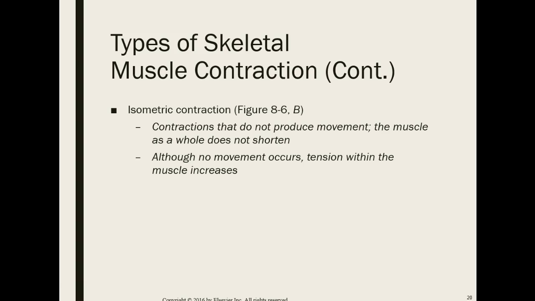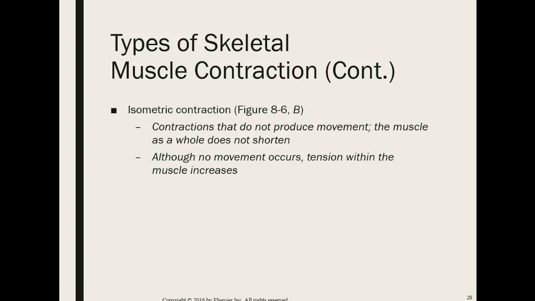Isometric occurs when the contraction does not produce movement, so the muscle as a whole does not shorten. If you try to lift something that's firmly attached to the ground and it doesn't budge, you just can't make it go anywhere, the muscle is still contracting, but the muscle as a whole doesn't shorten.